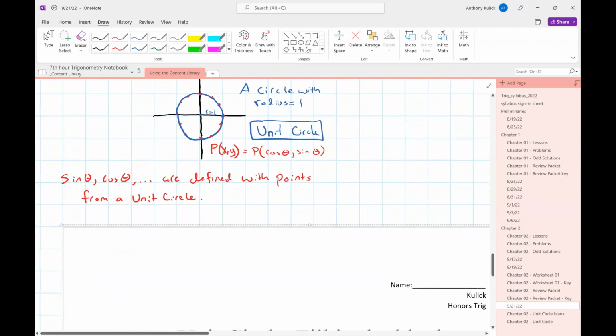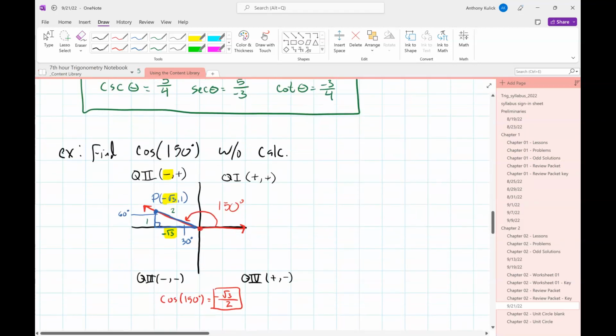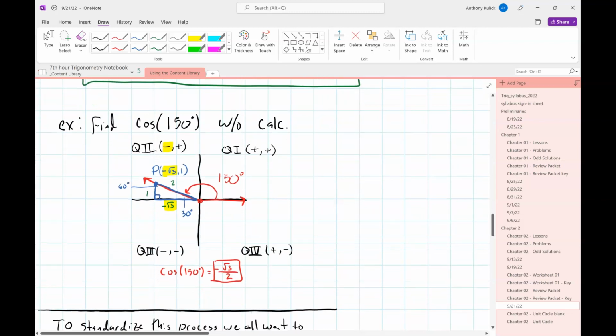So we're almost done with 2-4. Exciting. I want to make one more observation. Let's go back to the example where we did the cosine of 150.